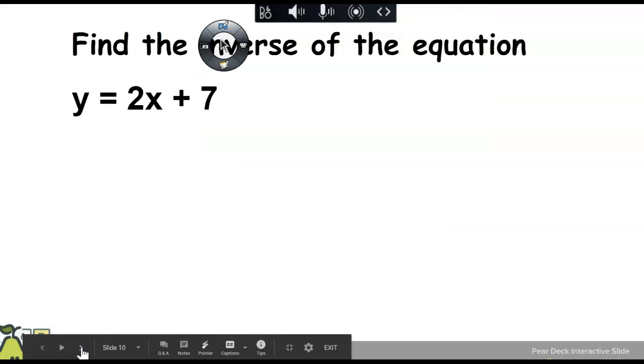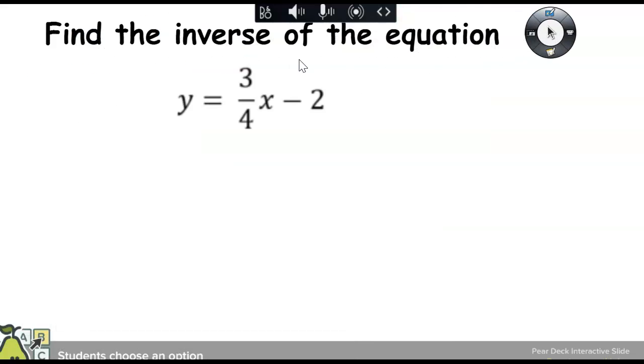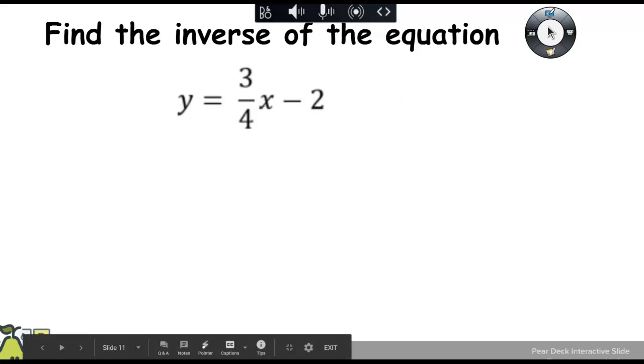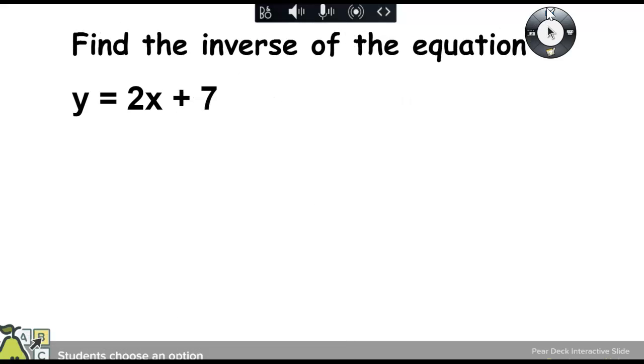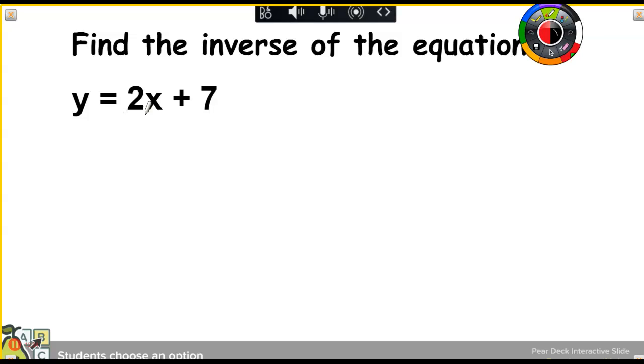Next one. Here you have an equation and look for the inverse of the equation. So what are you going to do? So first, you're going to switch the place of x and y. So y becomes x, x becomes y, and copy the rest. Okay.